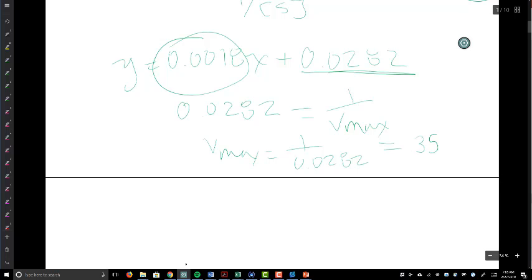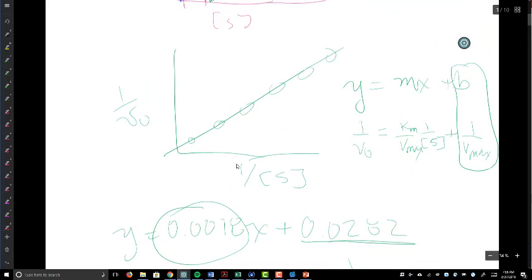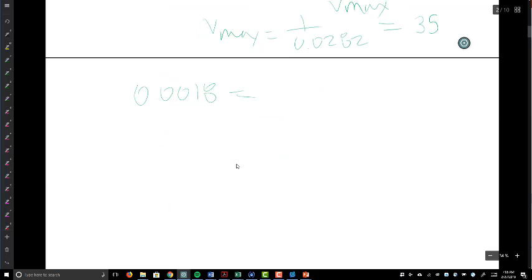So what is our slope equal to in a Lineweaver-Burk plot? That's right. So it has our Km over Vmax. Okay, so we have one number and we have two variables on the right-hand side of the equation. Can we simplify that anymore?